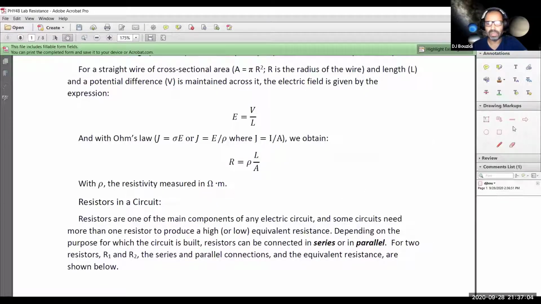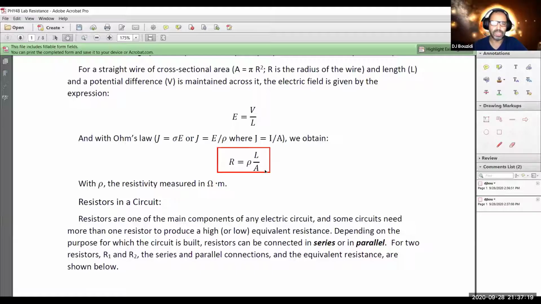through the lecture, basically, when we got the expression for the resistance in general for a wire of a specific shape. R is related to the resistivity, is related to the length of the wire, and it's inversely proportional to the cross-section. I already stated that this is Ohm's law, written J equals E over rho, but don't forget some of the literature actually writes sigma E, where sigma is just the inverse of rho.